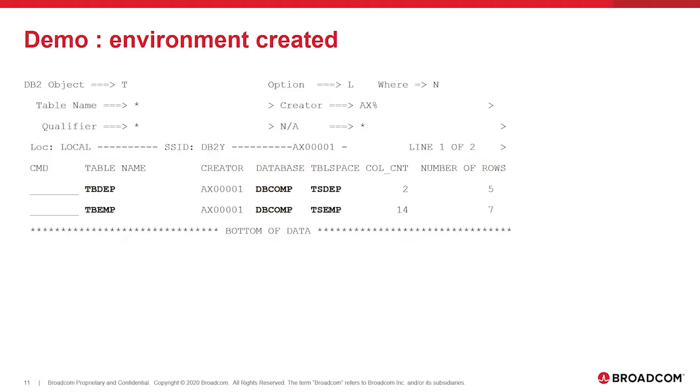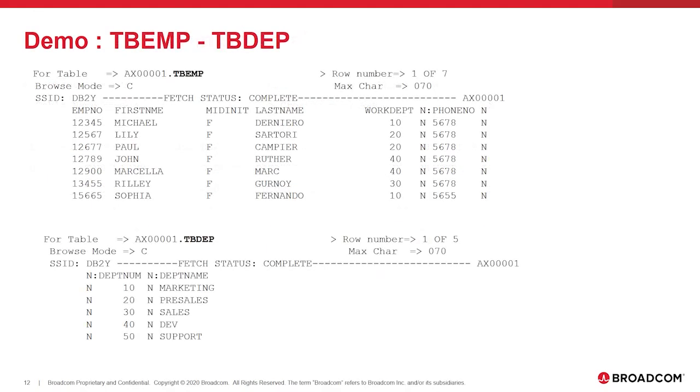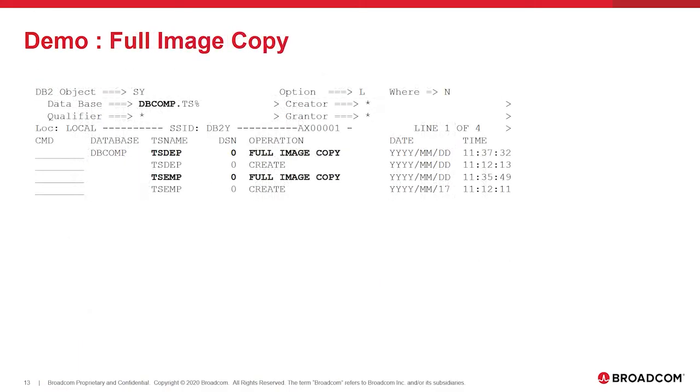We can see the database, the 2 table spaces, and the 2 tables. We have inserted some records in the 2 tables, TBHUMP and TBDEP. And of course, we have taken full image copies for each table space, TSDEP and TSHUMP.